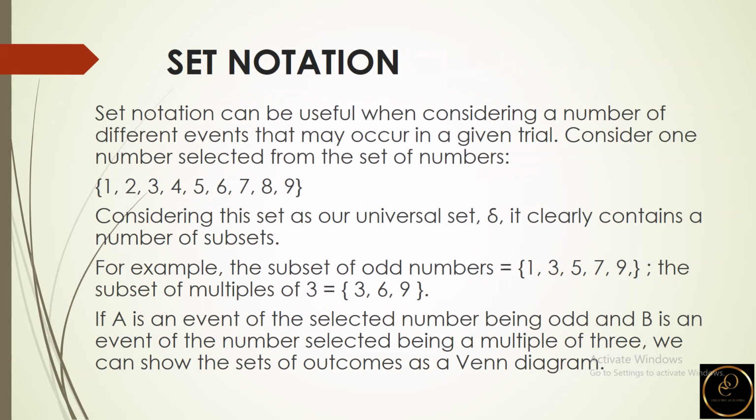We also take a peek at set builder notation, set notation. Set notation can be useful when considering a number of different events that may occur in a given experiment.